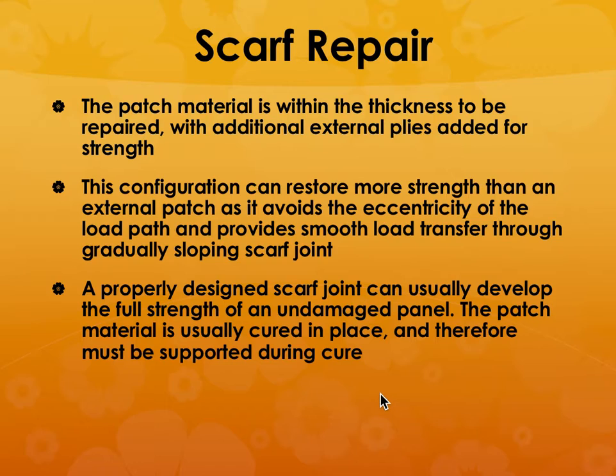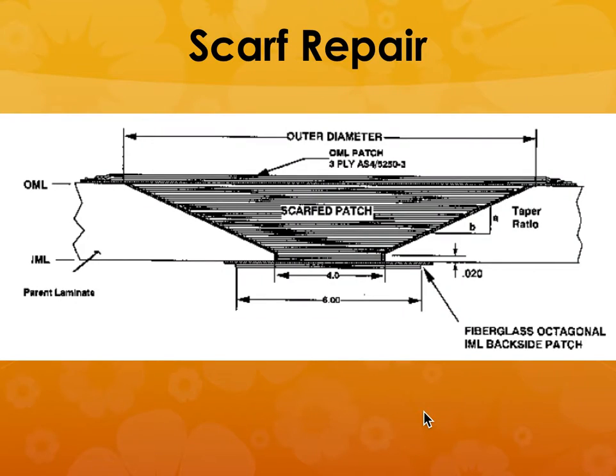And if you have designed the scarf joint properly, then you can usually develop, it won't be 100%, but it will be like 90 to 95% of the undamaged panel. And the patch material is usually cured in place, and so therefore it must be supported during the cure. So it must be kept under pressure and things like that, so that it bonds well with the underlying substrate.